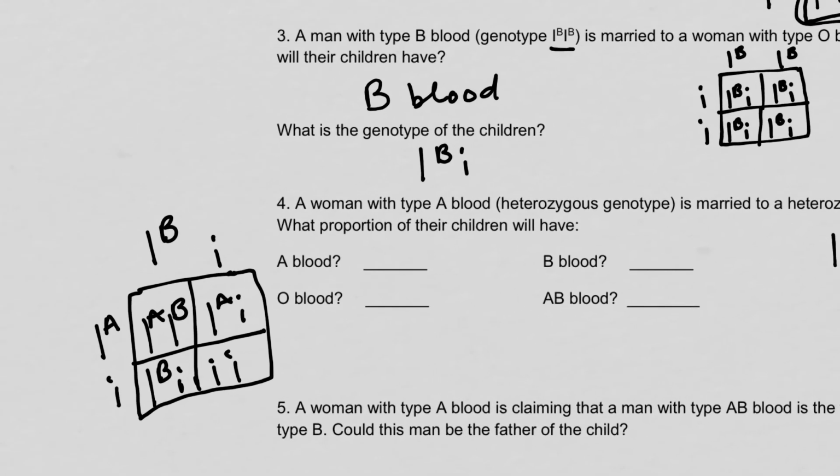All right, so in this instance, this would be A blood, so that's 25%. O blood, 25%, B blood, 25%, and AB blood is 25%.